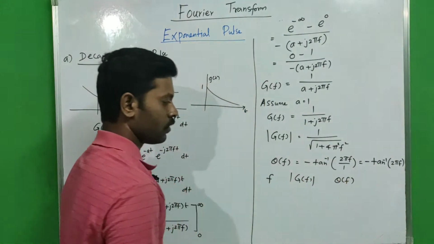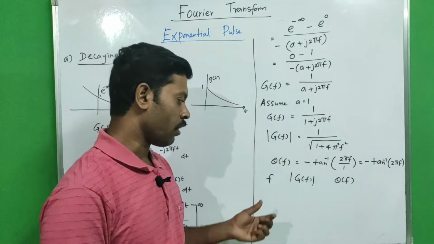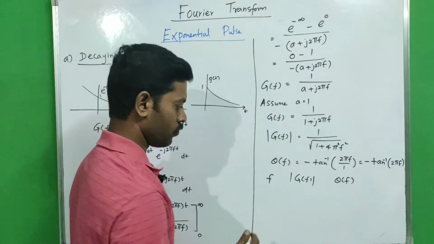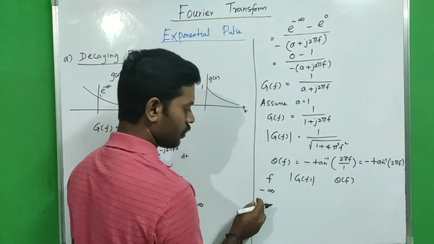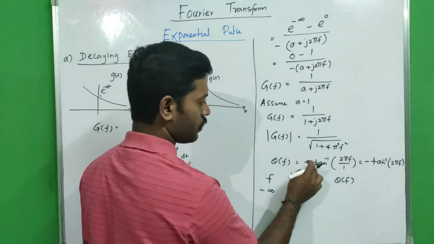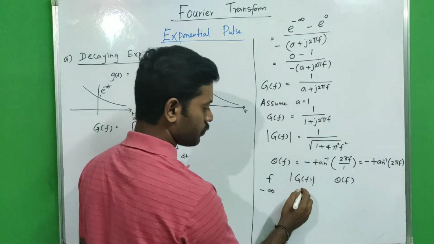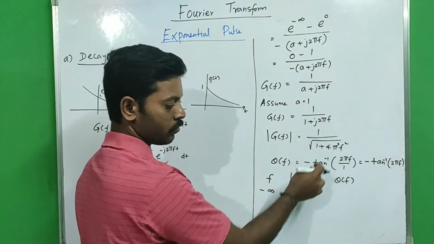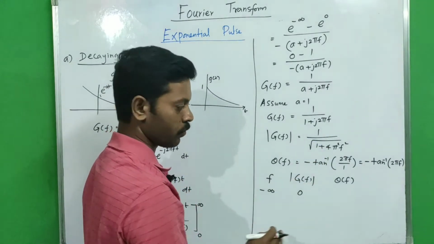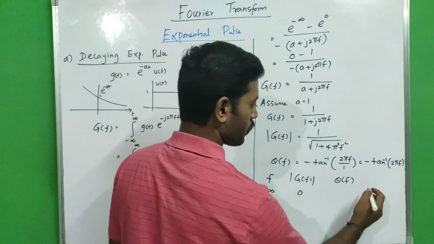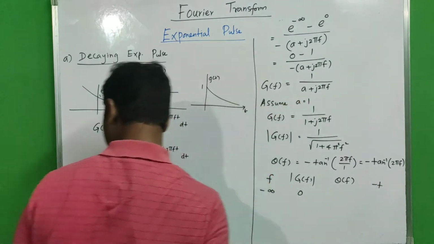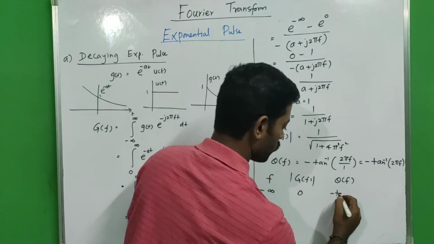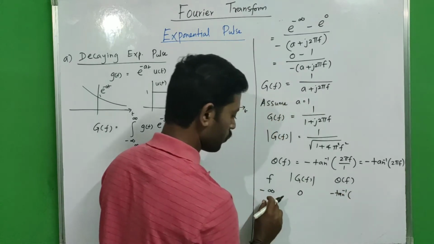I am going to apply values for frequency, both negative and positive. First I am taking f equal to minus infinity, and the magnitude becomes 0. G of f equals 1 by the square root of 1 plus infinity, so we get 1 by infinity, which is 0. And theta of f equals minus tan inverse of 2 pi f, with f equal to minus infinity.